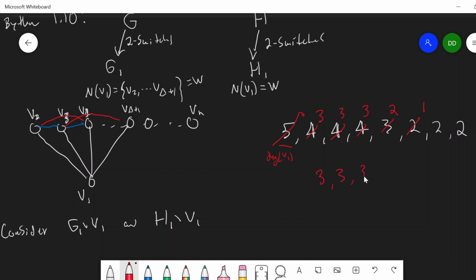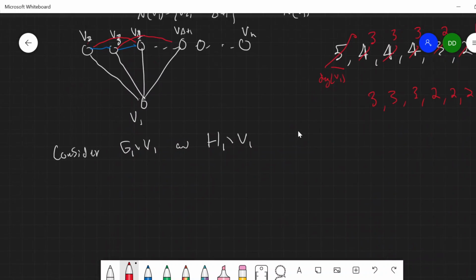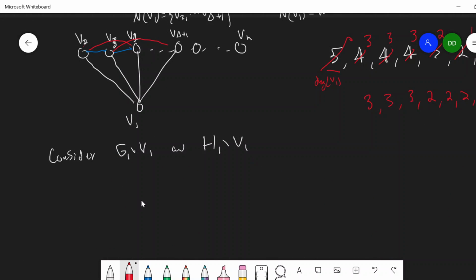I might have to reorder it so these 2's come before the 1, 2, 2, 1. But the key thing is that if they had the same degree sequence to begin with, then since I now have this vertex I can remove, I can do this process with both of them and get these 2 graphs to have the same degree sequence.